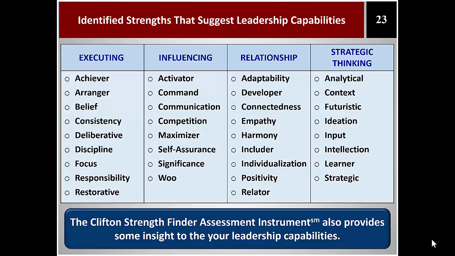You're always looking at the bigger picture and the longer term. You're more of a leader than a manager. If you're about achieving, arranging, consistency and deliberative and highly disciplined, you're probably more of a manager than a leader. Managing being planning, directing, organizing, staffing, and controlling. Leading being moving people in a common direction.